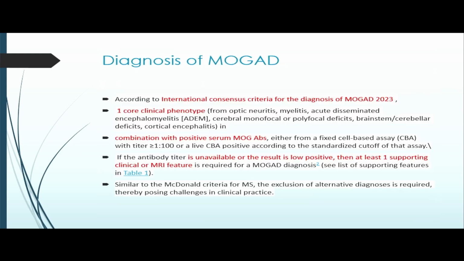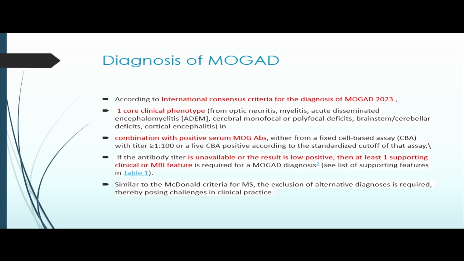So how will you diagnose MOGAD? According to the international consensus criteria of 2023, one core clinical feature is required, that includes optic neuritis, myelitis, ADEM, or cerebral monofocal or polyfocal deficit with brainstem or cortical encephalopathy, in combination with positive serum MOG antibody level.